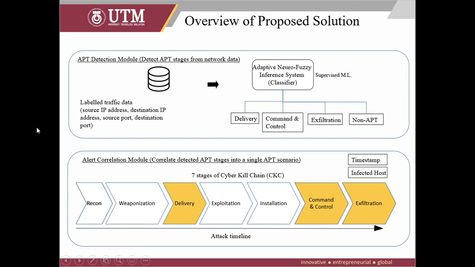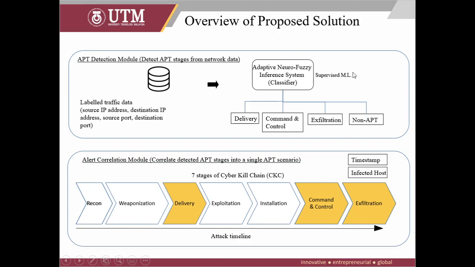So this is the overview of the proposed solution. We have the APT detection module, the first part, and then we have the second part, the correlation module. So we start with the labeled traffic data, feed into ANFIS, Adaptive Neural Fuzzy Inference System, as a classifier to classify this data into delivery, command and control, exfiltration, or non-APT.